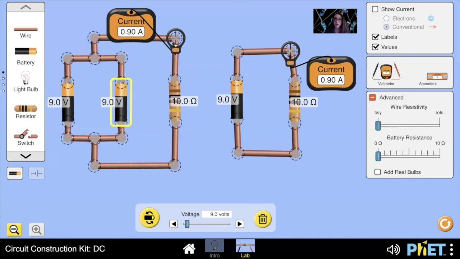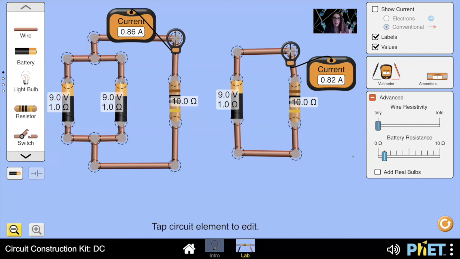But let's see what happens when I increase the internal resistance of these batteries. Right now, they have 0 internal resistance, so we're assuming they're ideal batteries. I'm going to increase the internal resistance of all these batteries to 1 ohm. When we do that, we see that this circuit on the right, its current immediately decreases to 0.82 amperes.